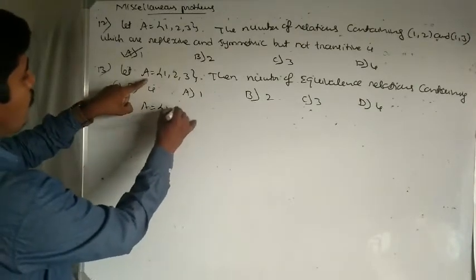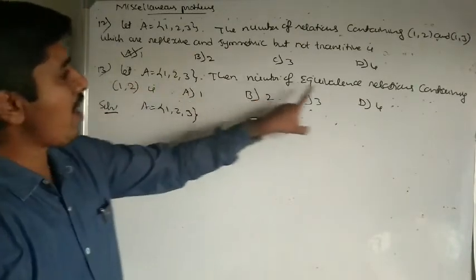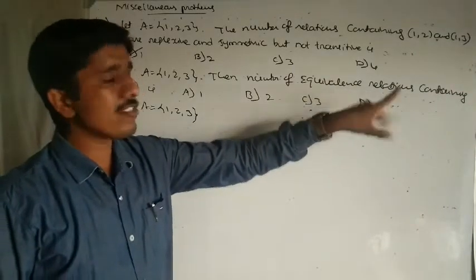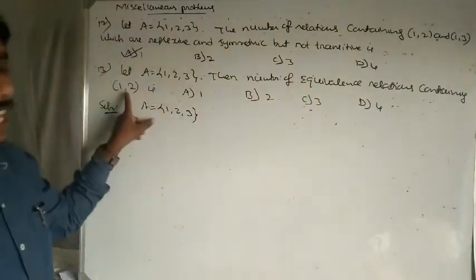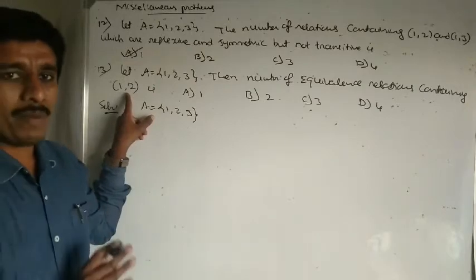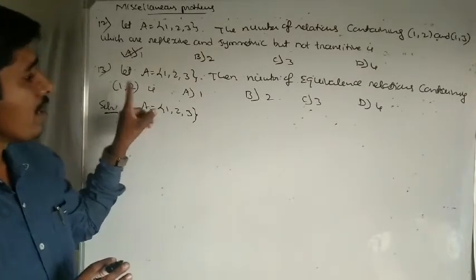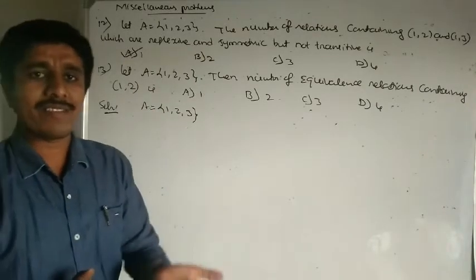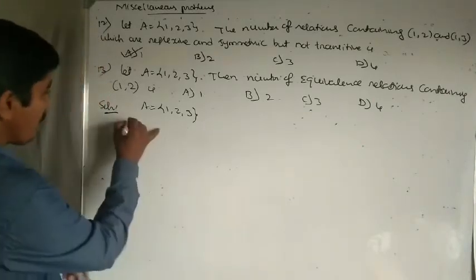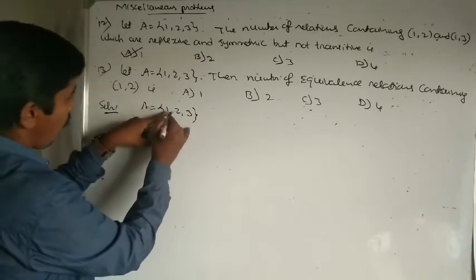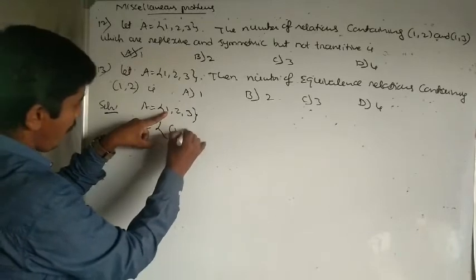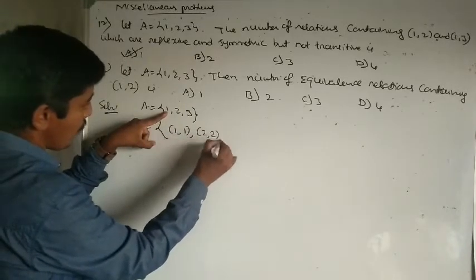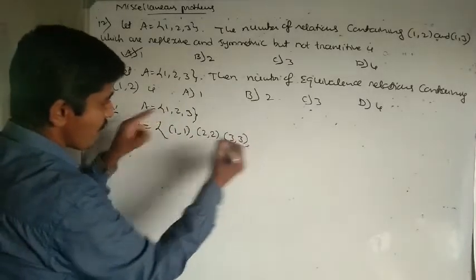Set A equals 1, 2, 3. Then the number of equivalence relations containing (1, 2); it must contain (1, 2). Equivalence relation means it satisfies reflexive, symmetric and transitive. For it to be reflexive, for 1, 2, 3 belonging to A, (1, 1), (2, 2), (3, 3) must belong to the relation.